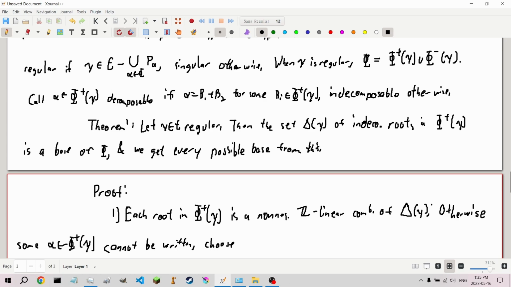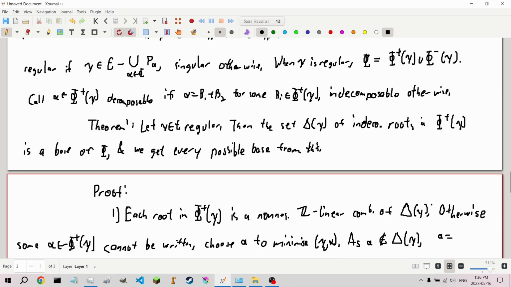Choose alpha to minimize the form of gamma with alpha. As such, alpha cannot be in delta of gamma.